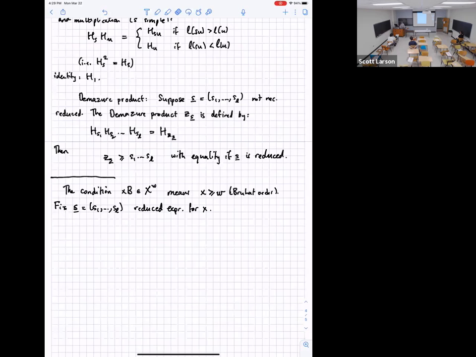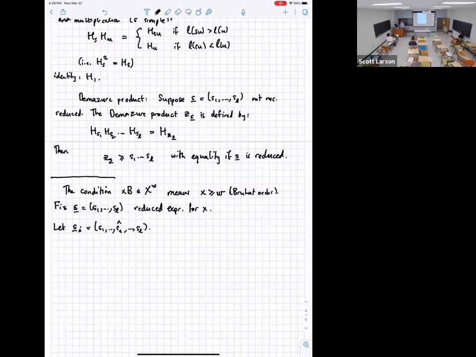Just for simplicity, I'm going to let S underline i be the sequence I get by omitting the ith element. Now, I want to enumerate the inversion set, and it turns out it's not the inversion set of X that I want, but the inversion set of X inverse.